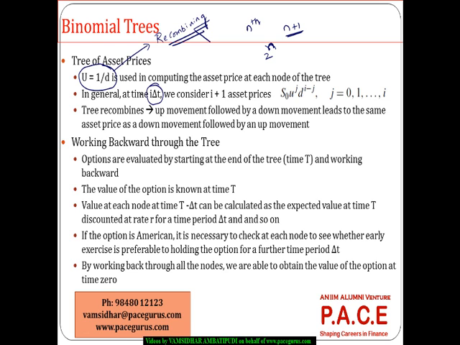So we will take different time points. At time i times delta t, we get i plus 1 asset prices, just like this. If I want to know the third step, at the third step I get 4 different nodes, and at the nth step I get n plus 1 nodes in a binomial tree, and we get the asset prices purely following the binomial distribution.